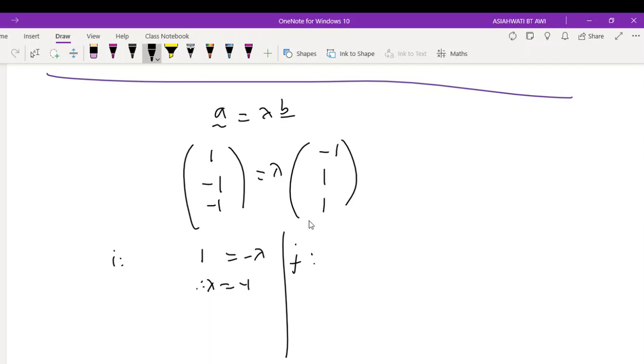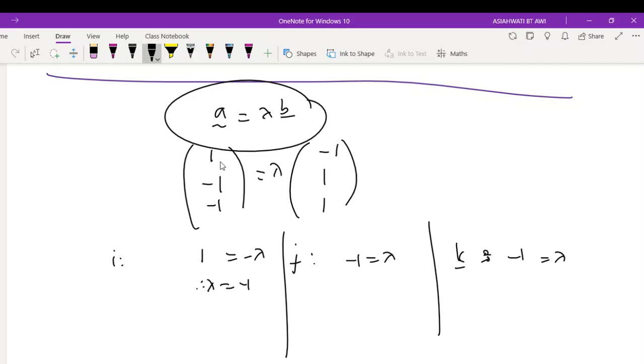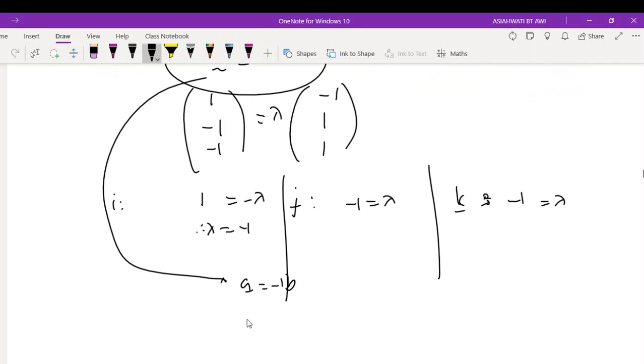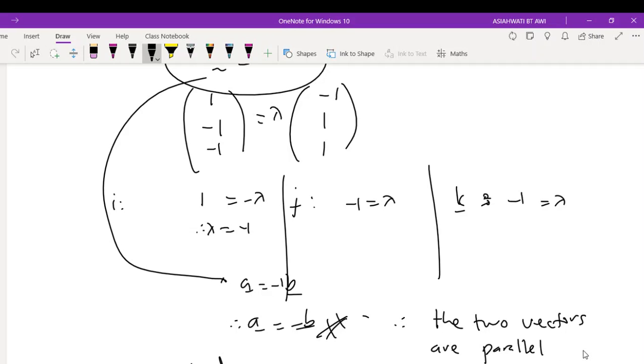Component j, negative 1 is equal to lambda. Component k, negative 1 is equal to lambda. Therefore A is equal to negative 1 times B, or A equals negative vector B. Okay, settled. Therefore, the two vectors are parallel. Okay, done.